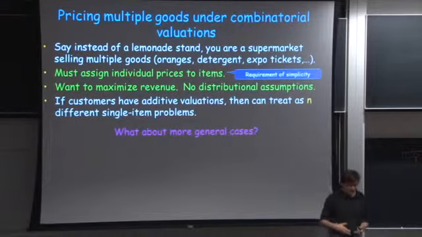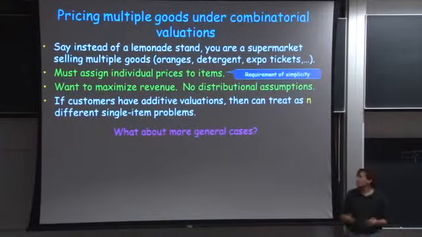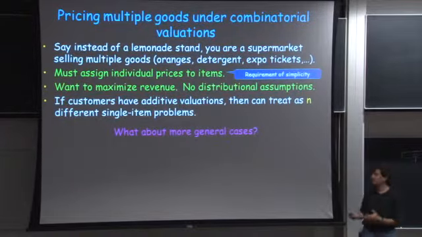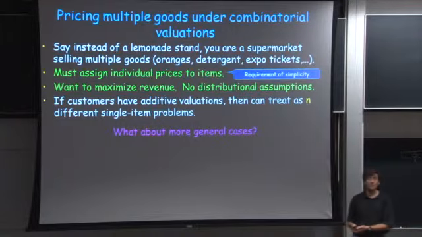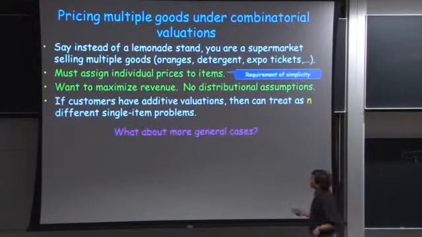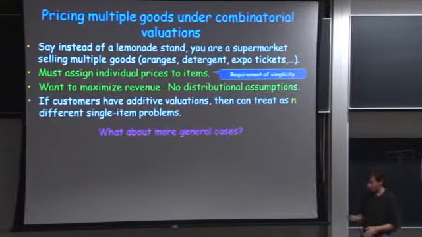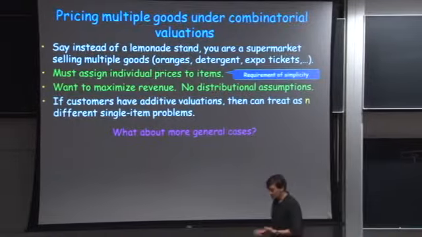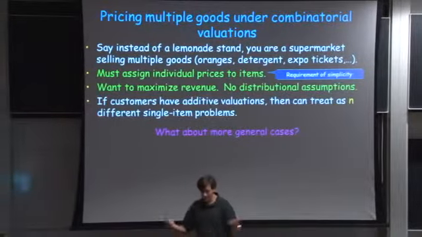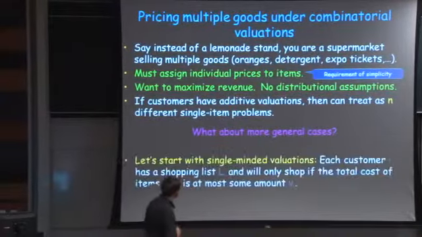What if customers have more general kinds of valuation functions? They might have a particular set of items they want. They have a shopping list given to them by their spouse, and they have to buy that set of things, or maybe there are substitutes, maybe they don't really care what kind of fruit they get as long as they get 3 different kinds or whatever it is.